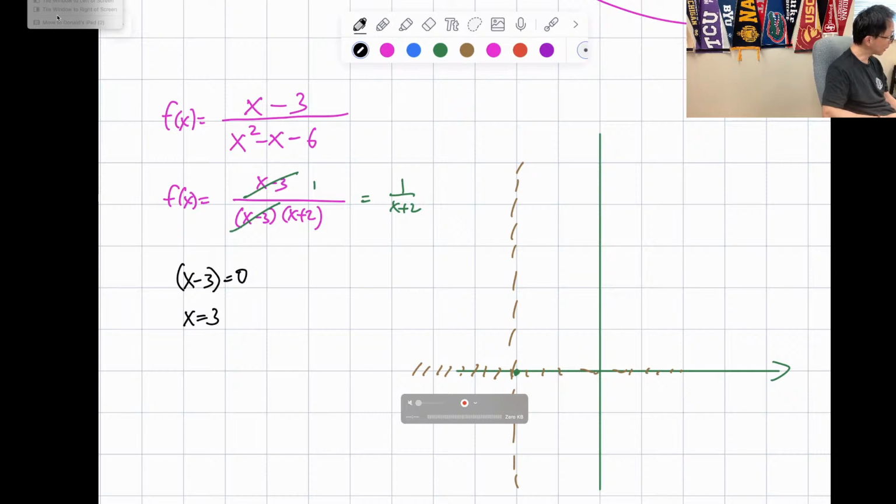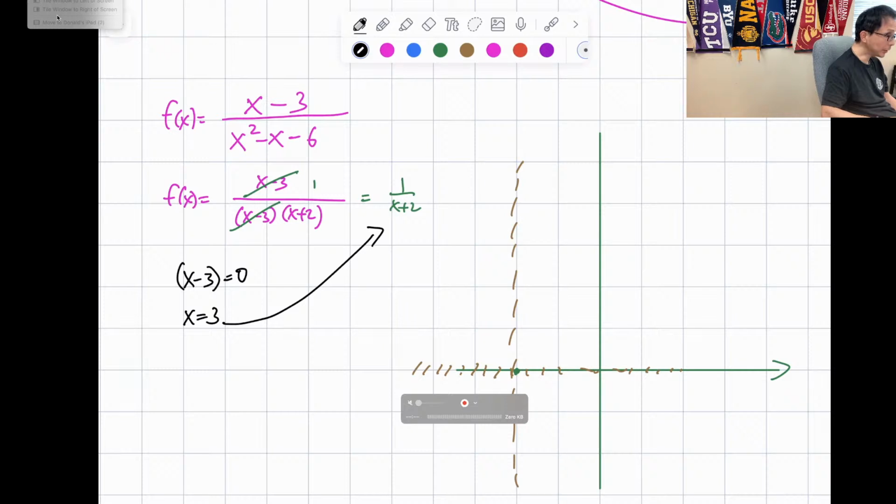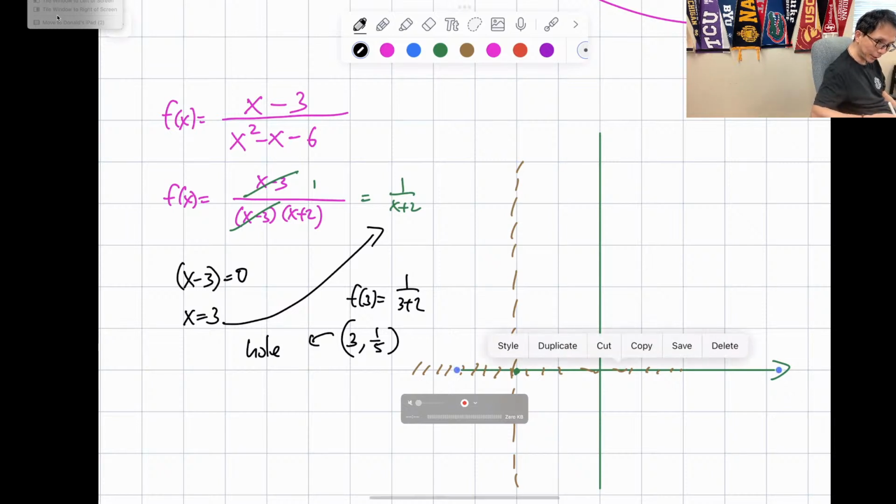Is that okay? And plug that 3 back into here. So it'll be f of 3 is equal to 1 over 3 plus 2. So it'll be 3 comma 1 over 5. That is a hole. Does that make sense? Also known as removable discontinuity.